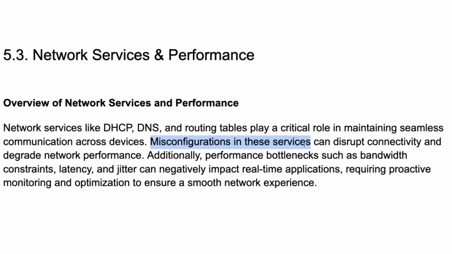Misconfigurations in these services can disrupt your connectivity, degrade your network performance, and completely throw everything out of whack. It's almost like throwing a monkey wrench, so to speak, into the gears of a really big machine. So when you have misconfigurations in your DHCP or your DNS, misconfigurations in DNS could actually stop people's computers from even being able to access a given website, right?